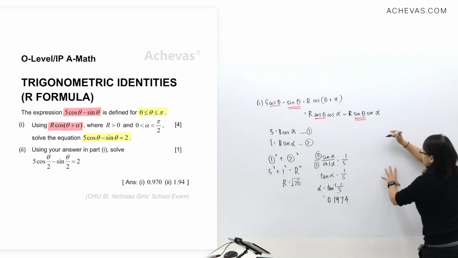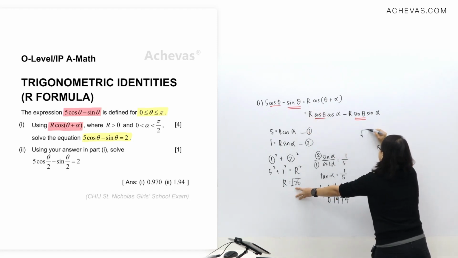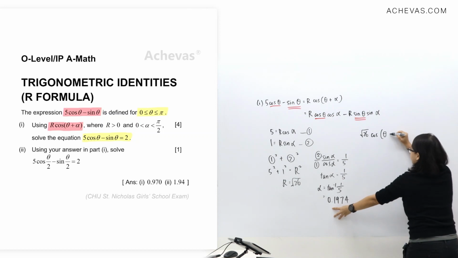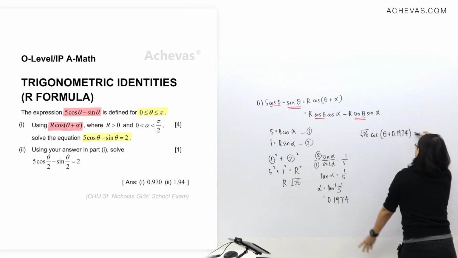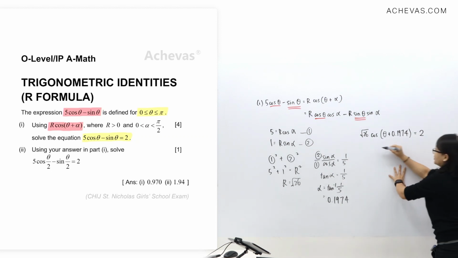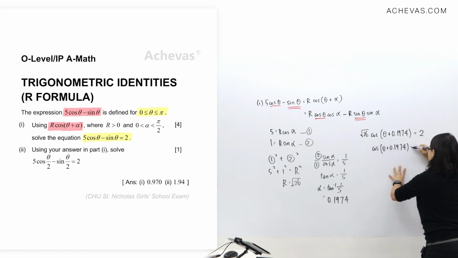Okay, so next, since I have expressed this into r, we're going to equate it to 2 to solve it. So I'm going to replace r with square root 26, followed by cos(theta plus 0.1974) equal to 2. Okay, so on this line we start solving it. I'm going to move square root 26 to the right hand side, so it's going to be a division.